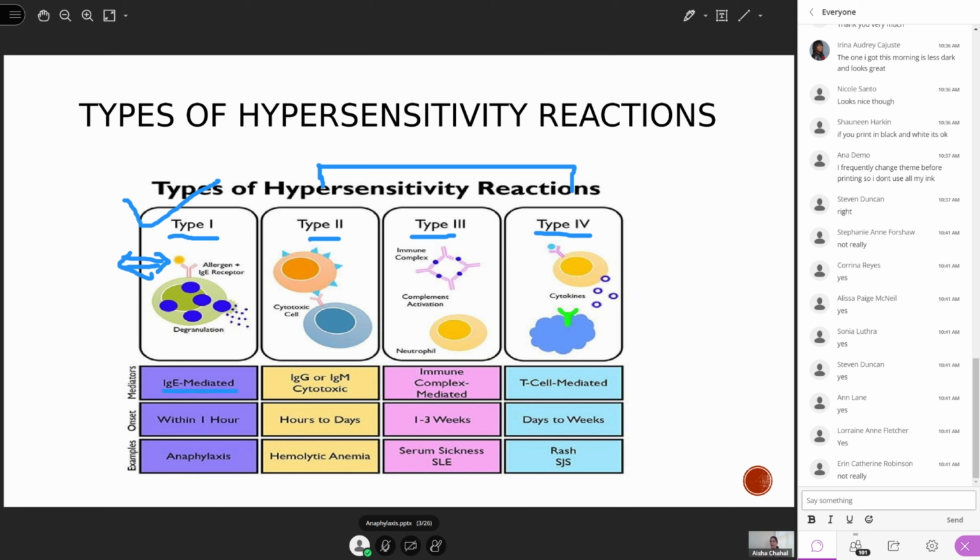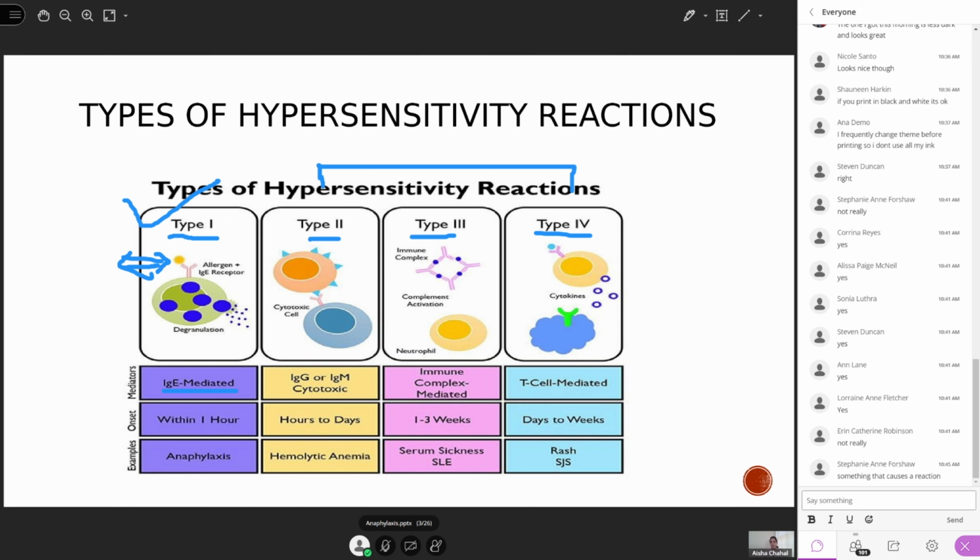By now, you should have a clear concept of what an allergen is, right? So what is an allergen? Can anybody tell me? Something that causes a reaction, provokes an immune response. There you go, right?